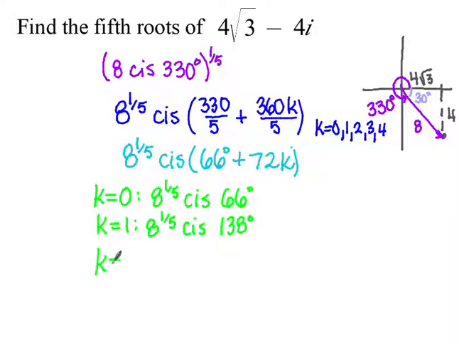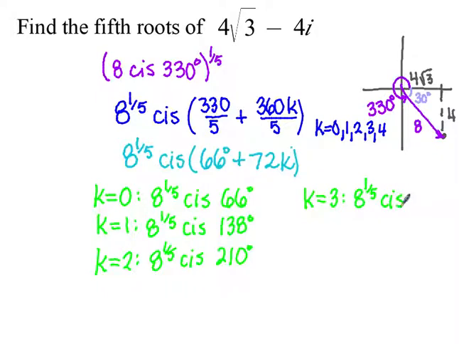When k is 2, I get 8 to the 1/5, cis 210. K is 3, 282. And last but not least, k equals 4, 8 to the 1/5, cis 354.